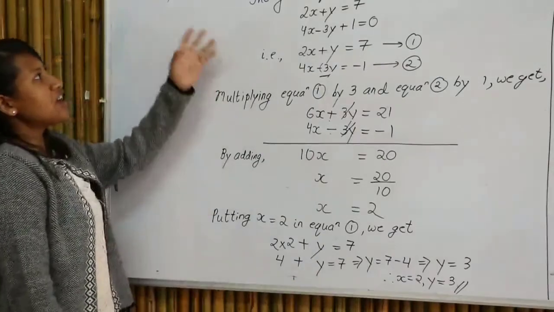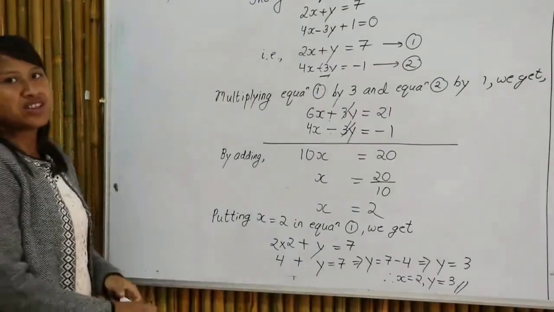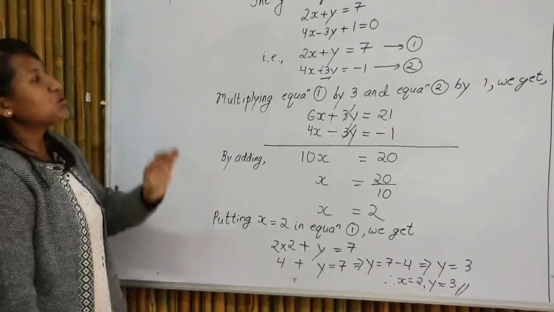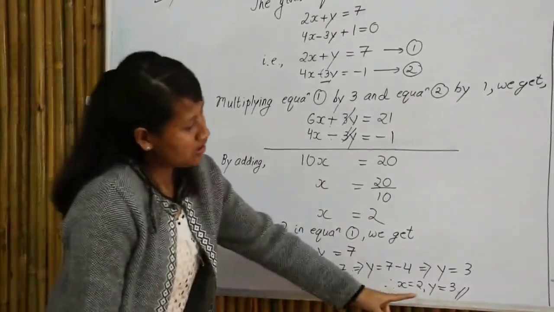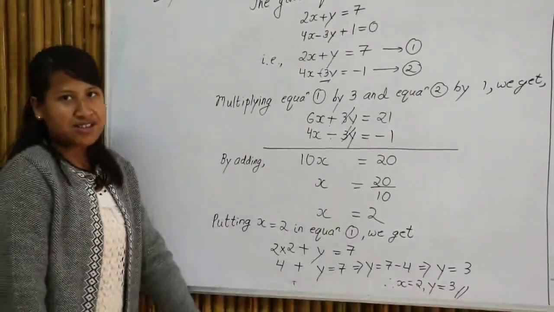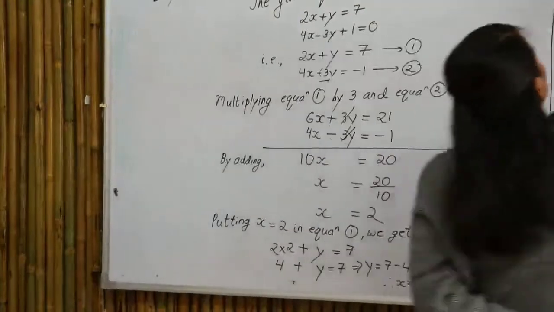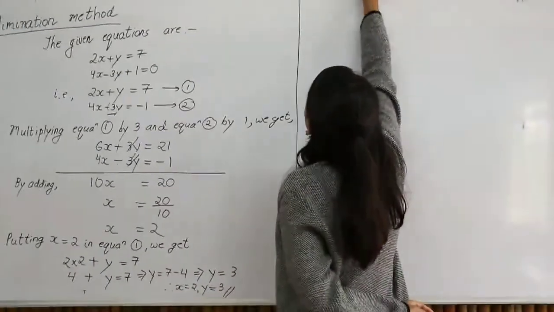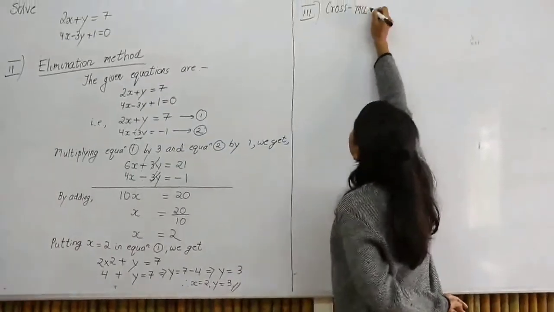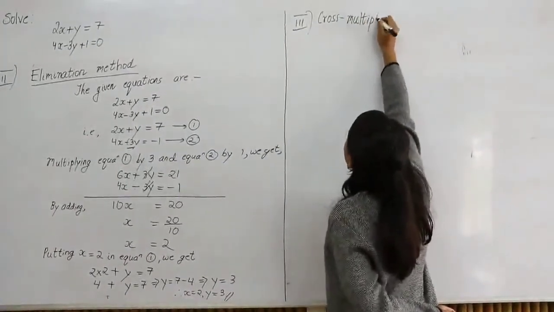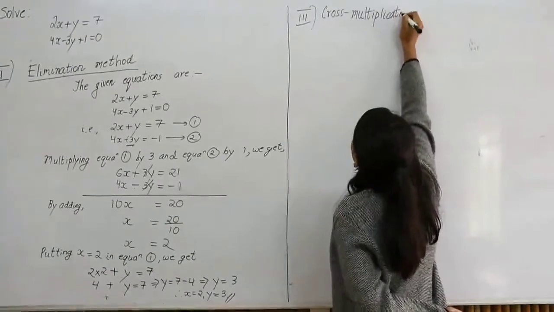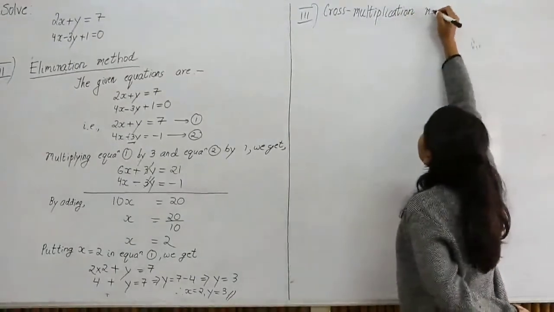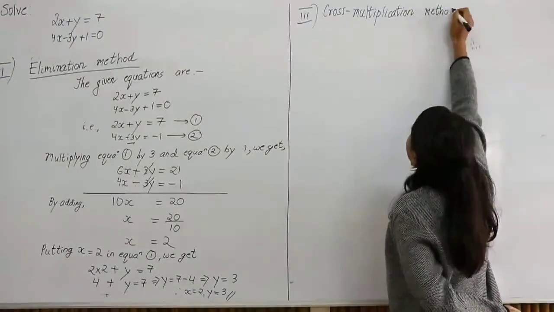So the last method, okay, cross multiplication method, so we'll do that. Now, you will also get the same answer, okay? So the third one is the cross multiplication method.